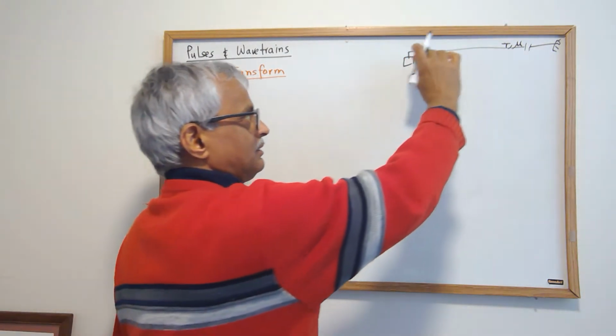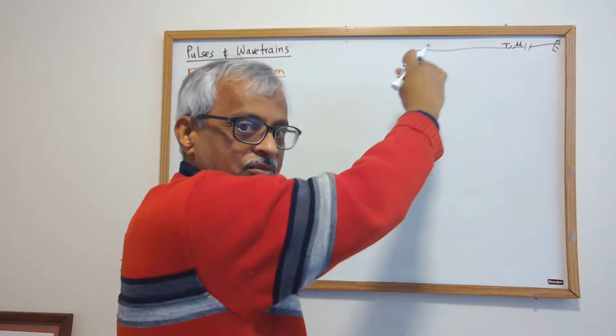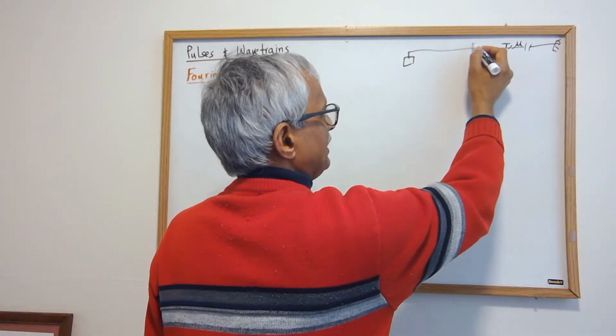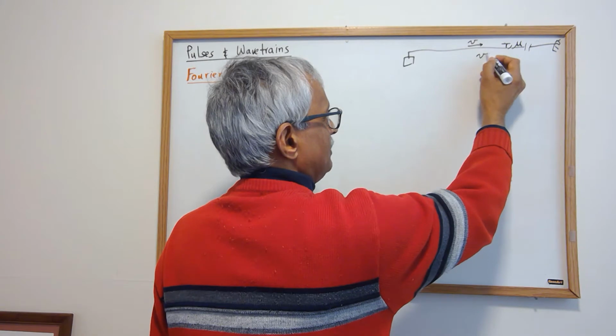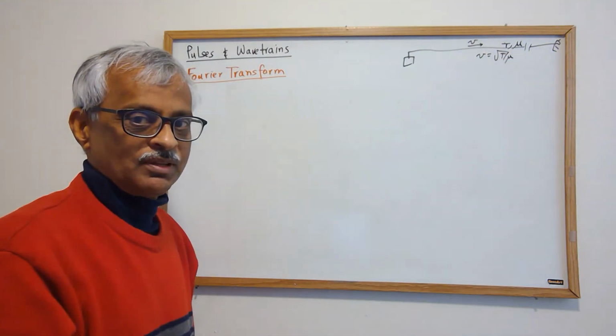And if you look at how the wave can travel, meaning the vibration of the particles of the string, we say that there can be a wave with speed v, and v is the square root of T over mu in this situation. Okay.